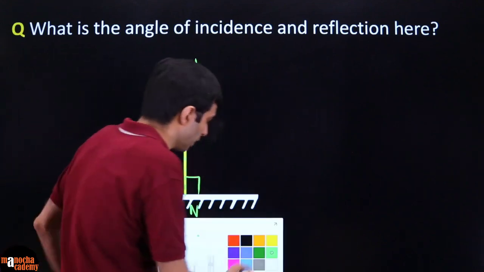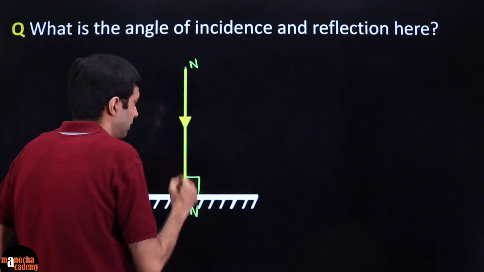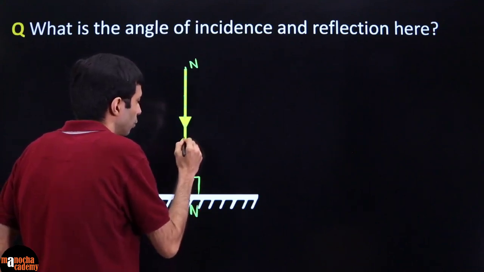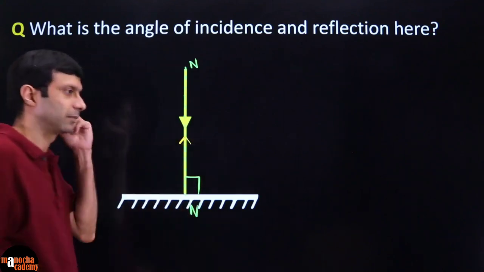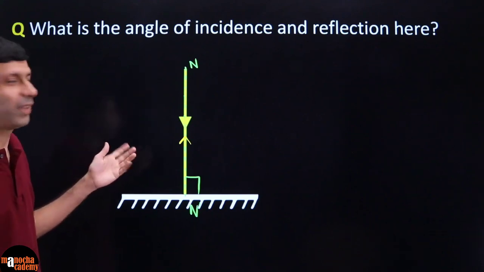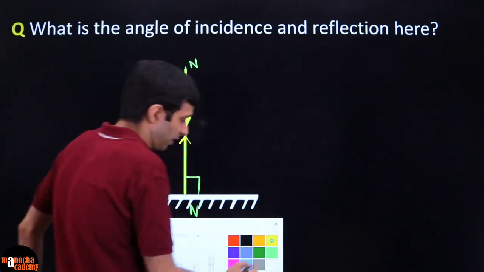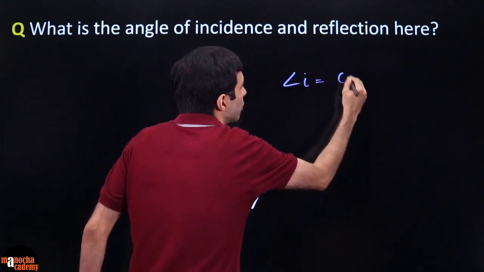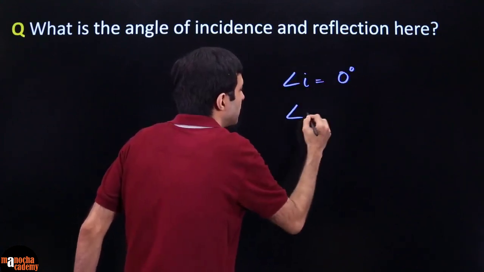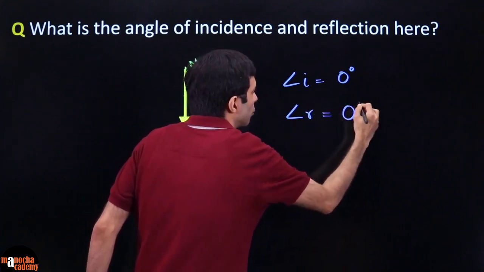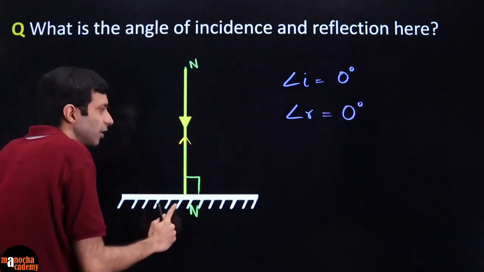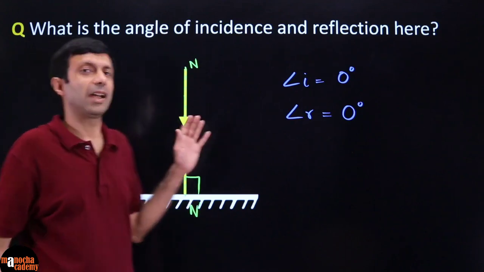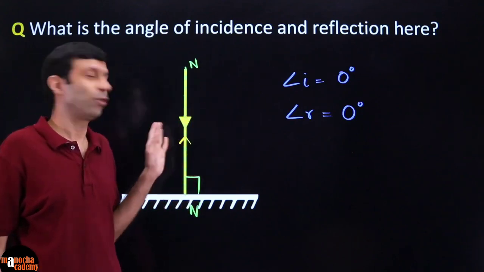And the reflected ray, once it hits like this, is going to go back like that. We can clearly see angle I is going to be 0 degrees. And by the second law of reflection, angle R is also going to be 0. We know if it hits like this, it's going to go back.